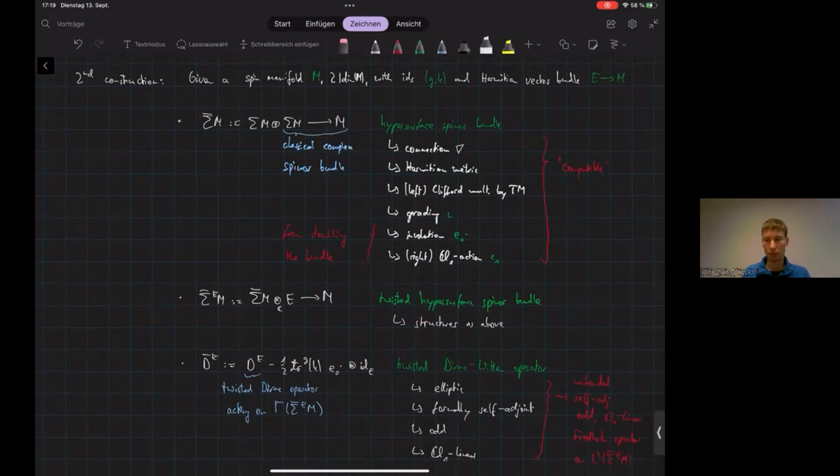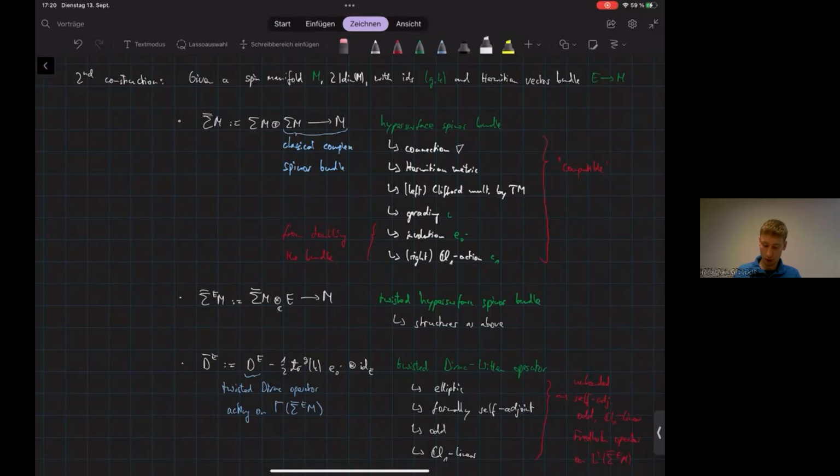Well, and since it only differs by a zero order term, there are many functional analytic properties that we know of the Dirac operator that we now know for the twisted Dirac-Witten operator. Namely, it's elliptic. We know, well, I guess this needs a short calculation, that it's formally self-adjoint, and this short calculation uses a part that is hidden in this compatible up here.